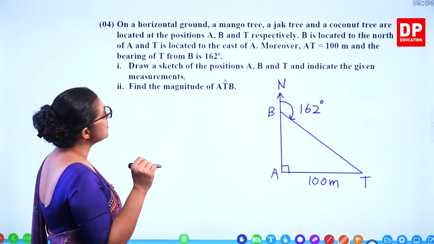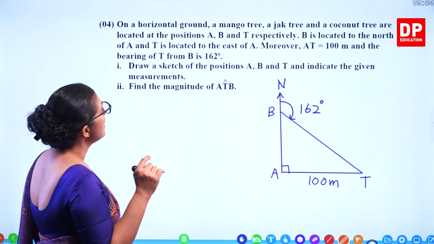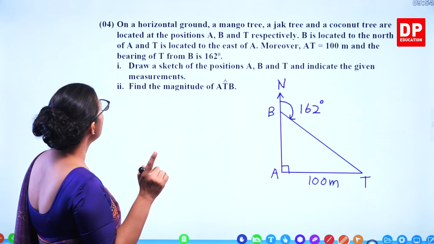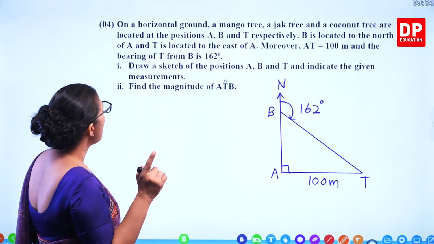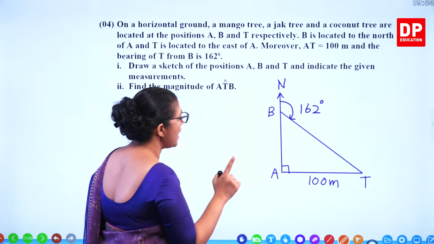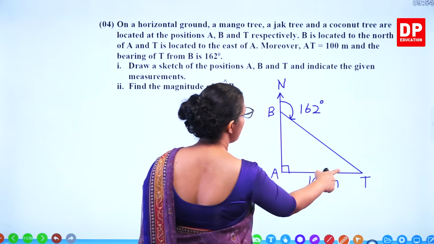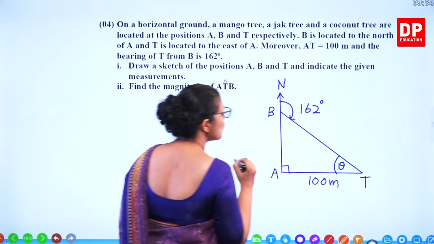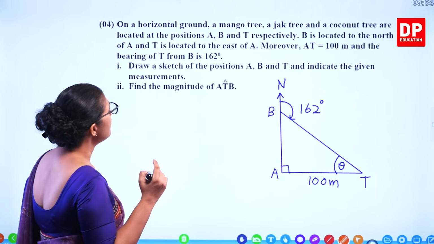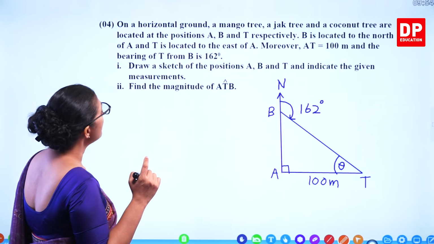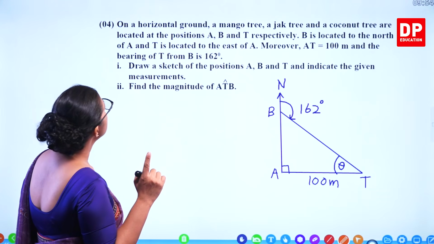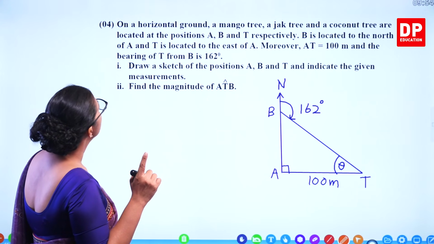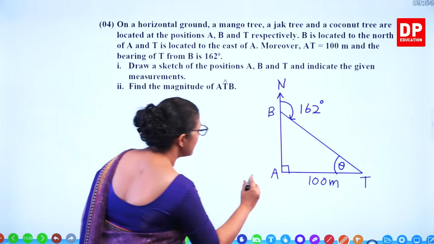Draw a sketch of the position A, B and T and indicate the given measurements. Find the magnitude of ATB, this angle. So we'll put theta, and here you need to identify what is A. A is a mango tree. This is mango.